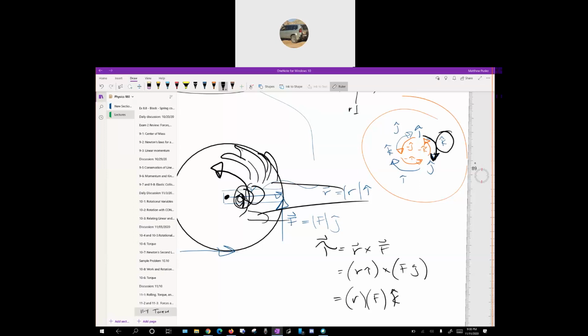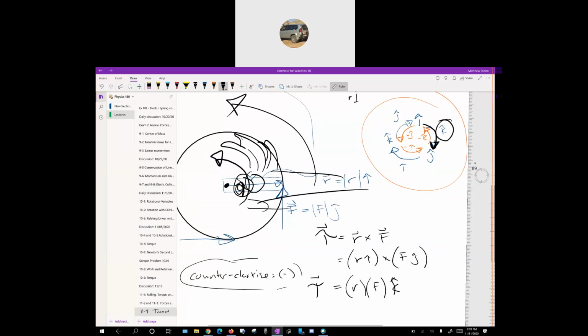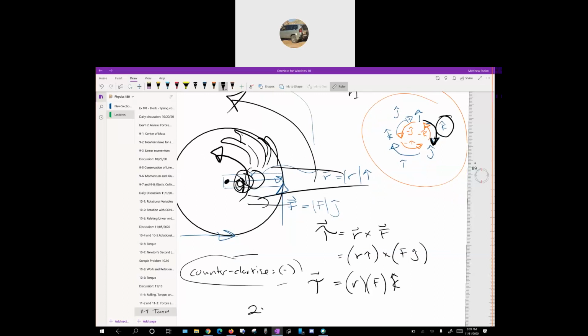And this is going to be a positive torque because we measure from the positive x-axis in the counterclockwise direction, right? Clockwise is negative. Okay, just don't forget that works for 2x2, that works for 3x3.